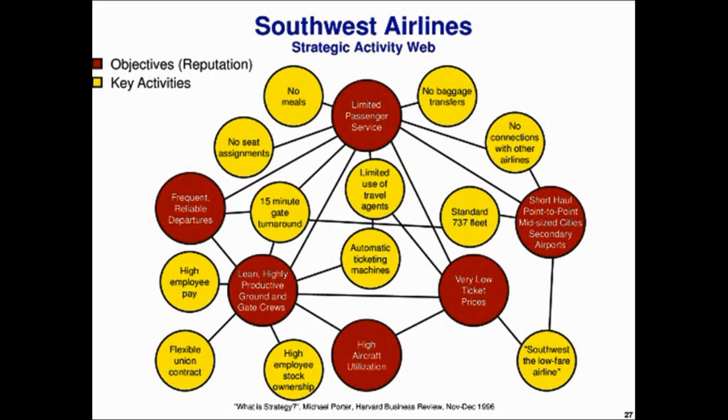Okay, so then we see behind the red bubbles, the yellow bubbles that basically say, okay, the activities we have that amount to limited passenger service: no baggage transfer, no meals, no seat assignments, no connections with other airlines. And why are we interested in this concept?